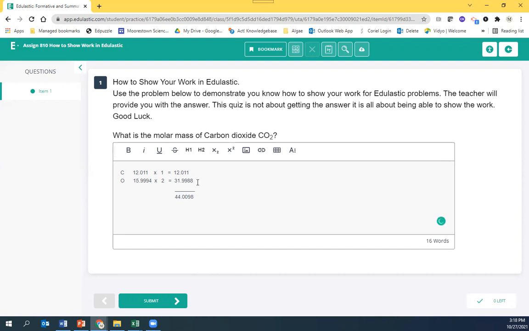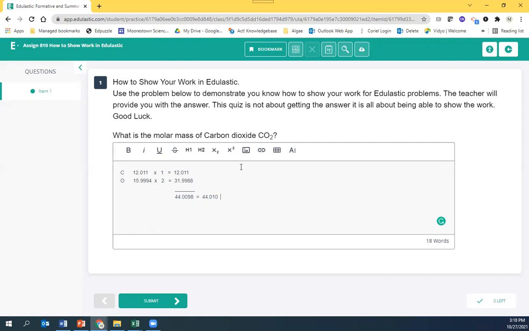Then I wanted to show that we rounded it, so I'll hit the space bar twice and put an equals. Hit the space bar twice, and I put the rounded answer, 44.010. Now I'm not done yet because the answer is not just 44.010, it's 44.010 grams per mole of carbon dioxide.